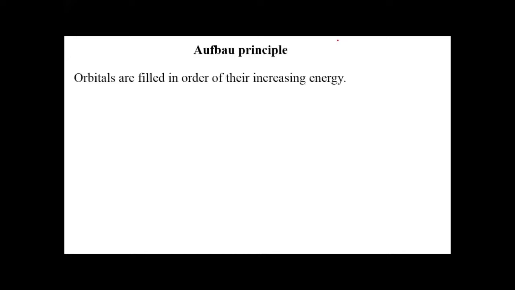First, Aufbau principle. According to Aufbau principle, the orbitals are filled in order of their increasing energy. It means the lower energy orbital will fill first and the higher energy orbital will fill later.